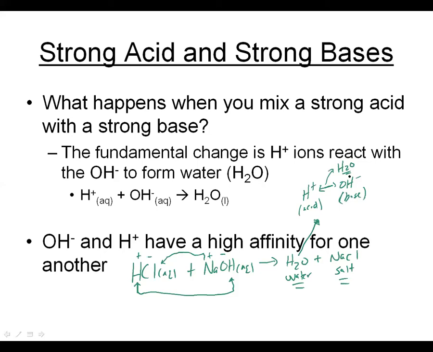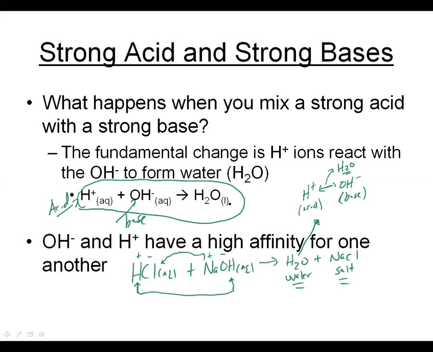If we actually look at a reaction of a strong acid and a strong base, when they do come together, no matter what combination of strong acid or strong base that you put together, the ultimate reaction that is actually taking place is really just that: the H plus from the acid and the OH minus from the base are essentially coming together to make water.